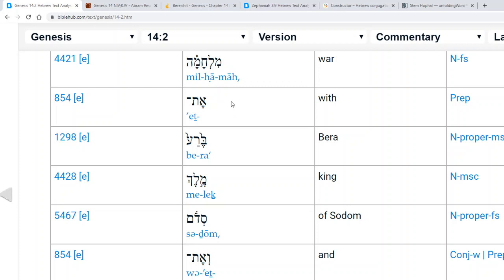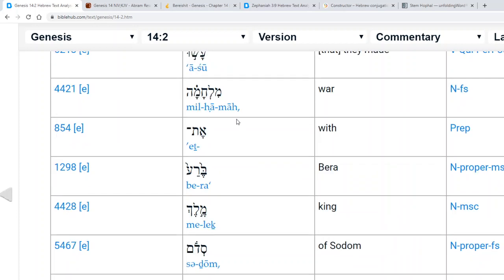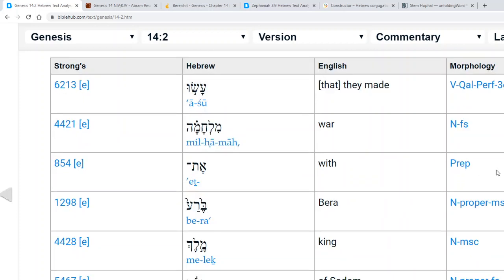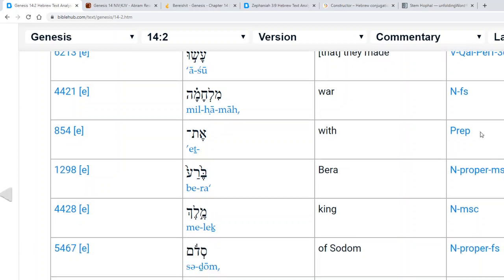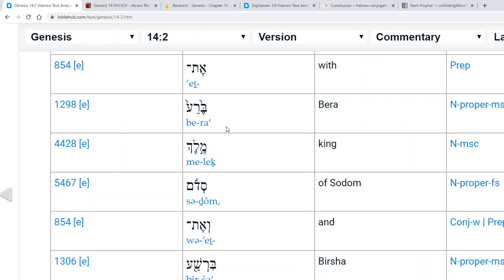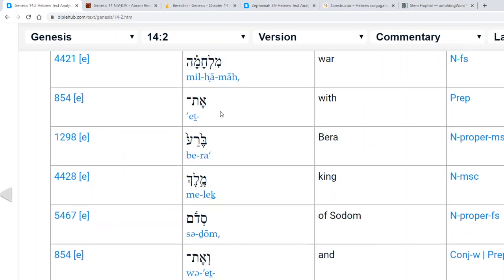Et is the direct, they're saying preposition here. No, this is the direct object marker, I believe. I don't know why they're saying it's the preposition. Et sometimes is used as a preposition, but I don't believe that's what's going on here. They made war, I would say, upon.